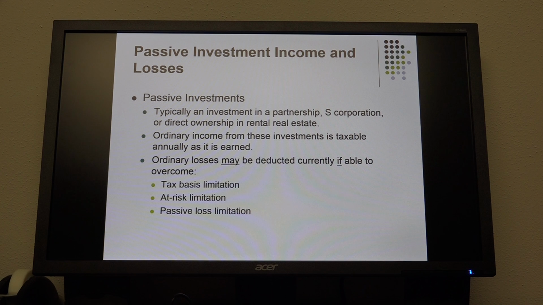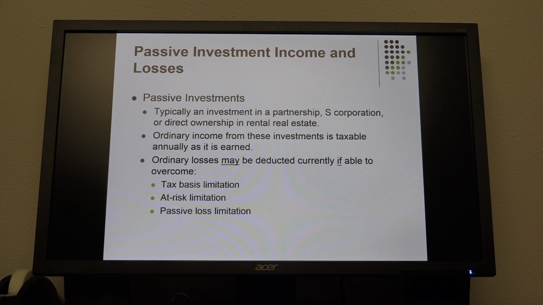What happened in the past is that taxpayers would invest in limited partnerships, and these limited partnerships were sold in order to generate losses. And before the law was changed, they could use these losses in these partnerships to offset other ordinary income.